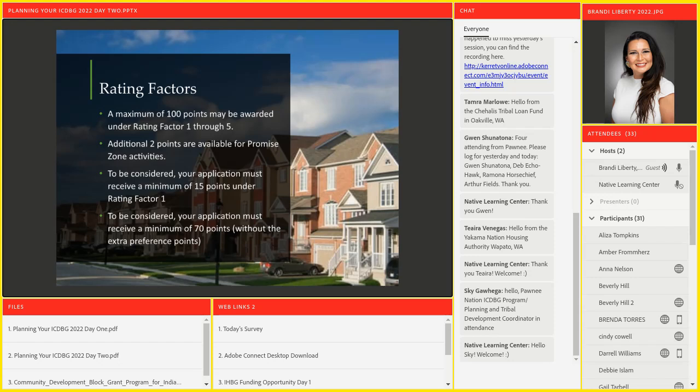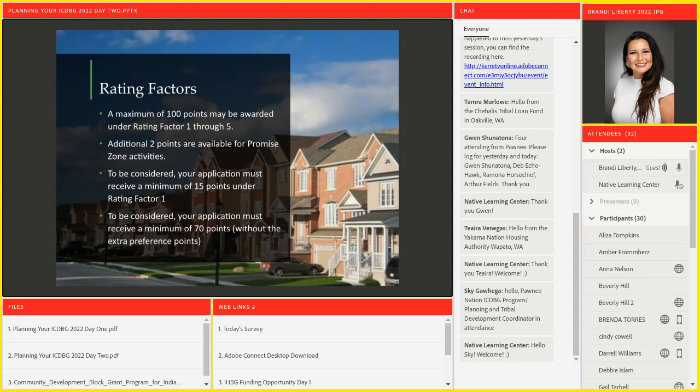So now the only opportunity we have is for those Promise Zone activities. For your application to even be considered, you must receive at least a minimum of 15 points under rating factor 1. So when you are completing rating factor 1 and it's scored by HUD, if you don't have at least 15 points, they will not look at your application any further.